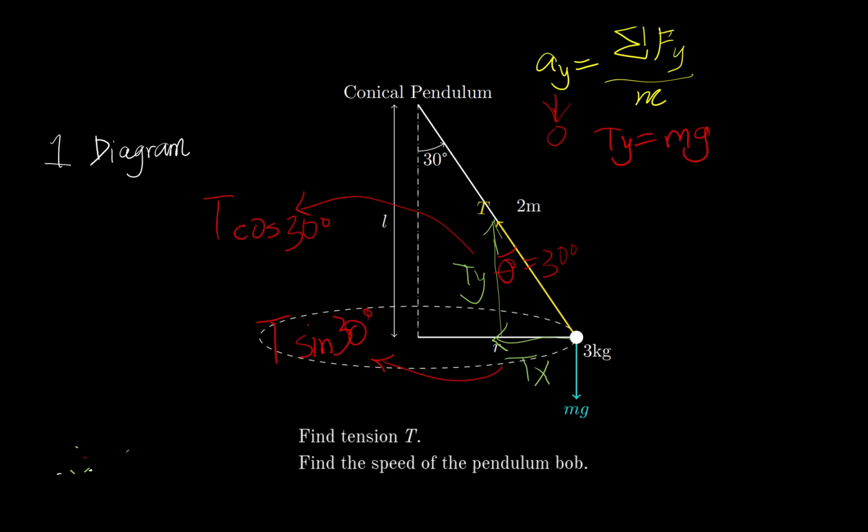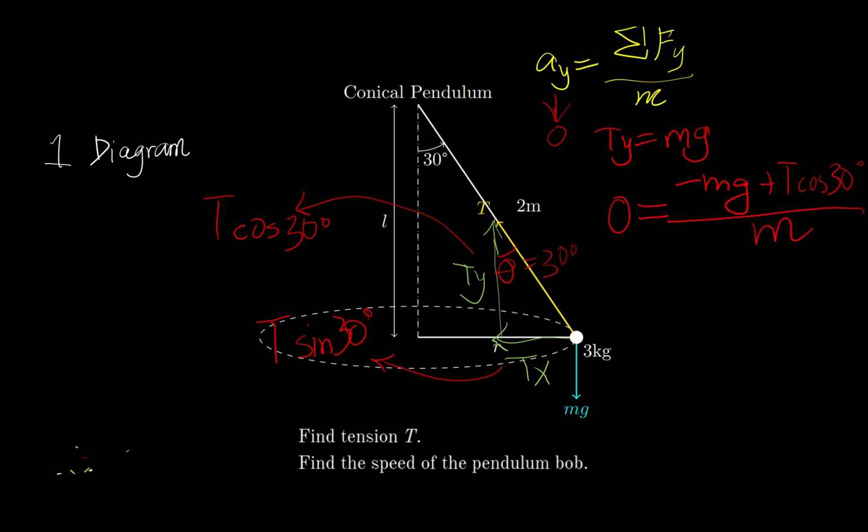Using the same formula, 0 equals negative mg, because I'm pointing down and letting pointing up be the positive side, plus T cos 30, over m.